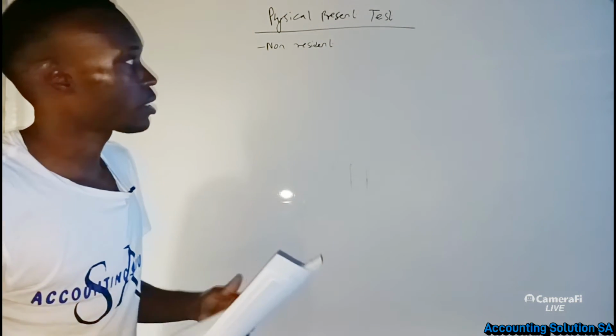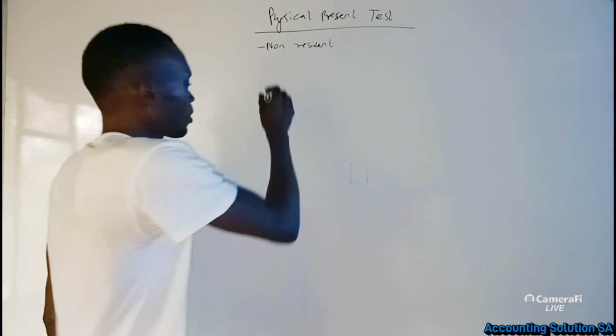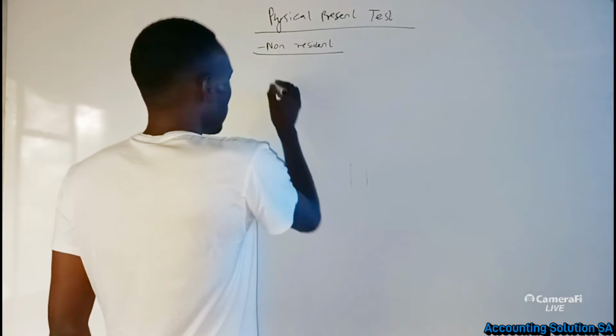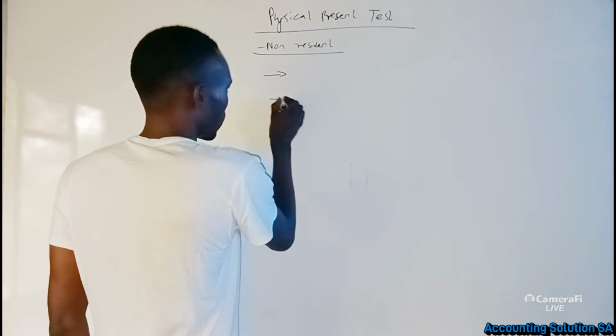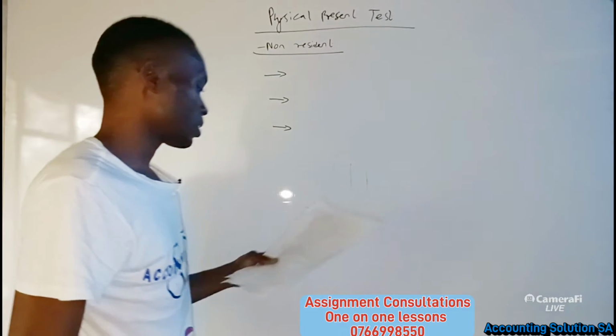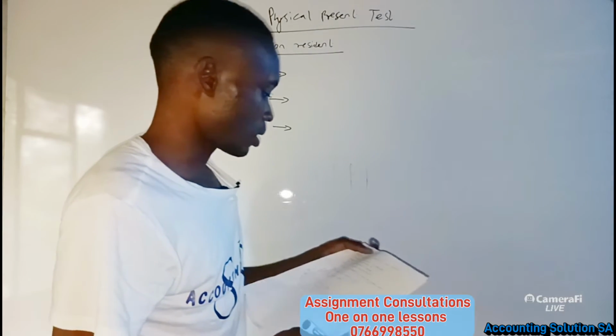So there are some requirements that we need to check before we determine whether the person is a resident or non-resident. This person is a non-resident for now, and we need to check the following three requirements in order to identify whether the person is a non-resident or a resident.